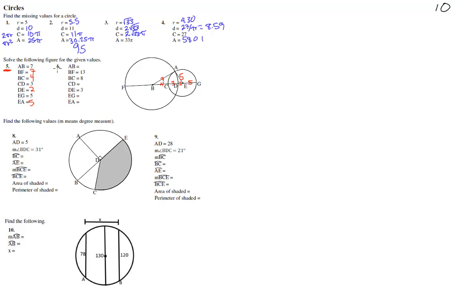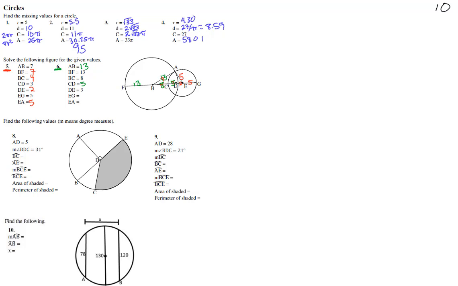Let's use green for number 6 so we can tell the difference here. So we don't have AB, but we do have BF is 13. And we can see that makes AB 13. Oh, that's nice. BC is 8. So that gives us that CD has to be the other 5 of the radius of this big circle.